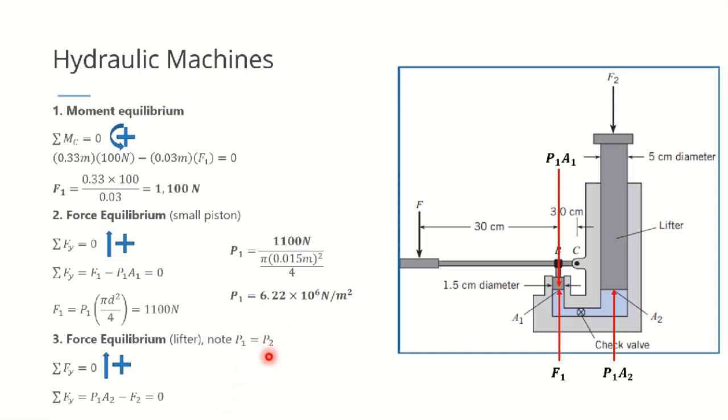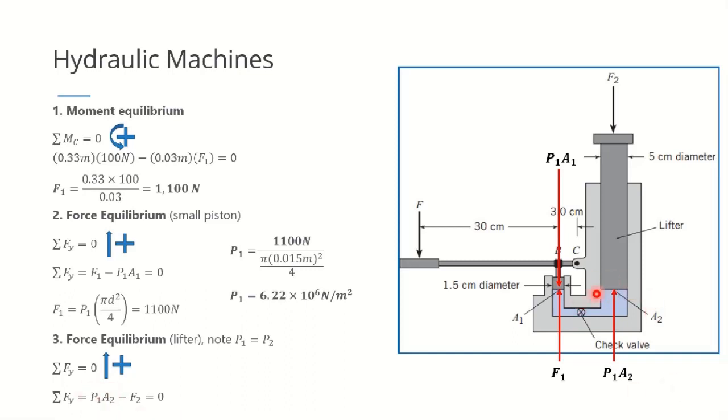Now, since yung pressure dito along the fluid is equal, so P1 is equal to P2. So, ang movement nitong large cylinder is, yan. This is at rest, so summation of forces along the Y is 0. Upward forces, positive. So, we have P1 times the area, A2.